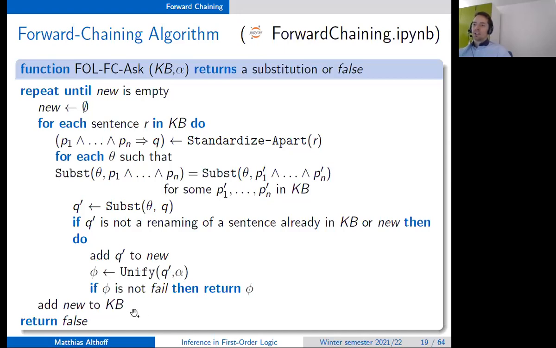Otherwise, after this inner loop, we return to the outer loop, add all the new statements we have found to the knowledge base, and continue until we don't find any new sentences. Then we have proven that alpha is not true, or otherwise alpha is true, and then of course we terminate. Somebody asked what KB means. KB stands for knowledge base.